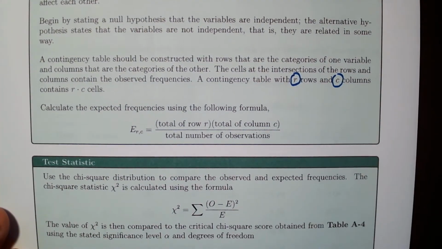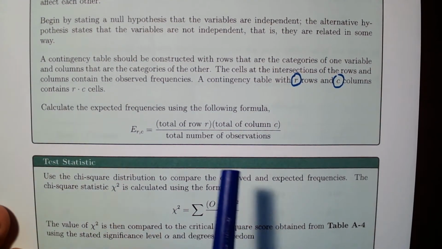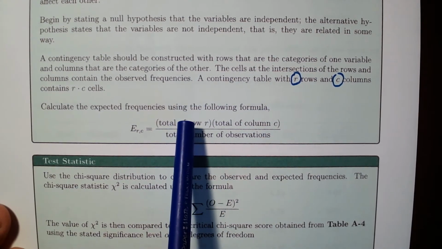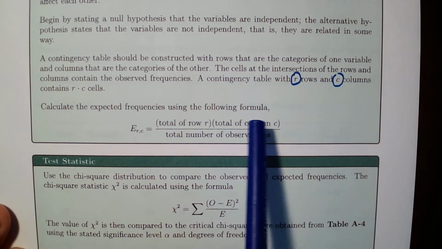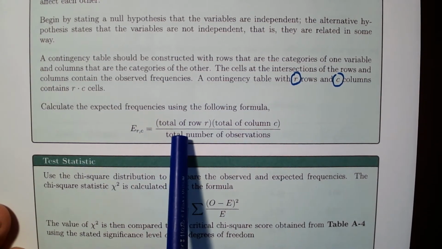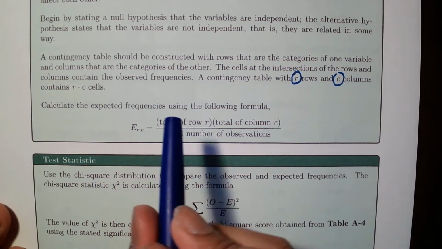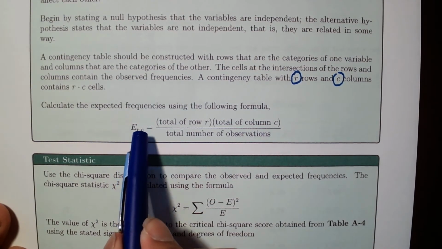To calculate expected frequencies, we are going to use a formula: the total of row R times the total of column C, divided by the total number of observations. So that's for the expected on a corresponding row and column.